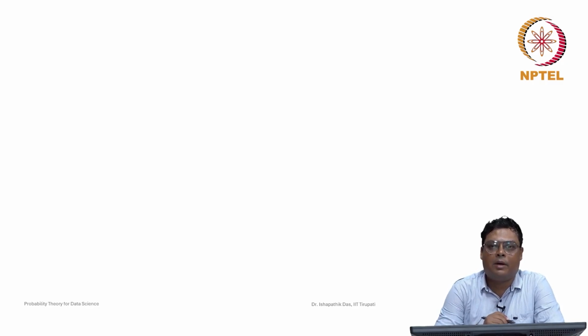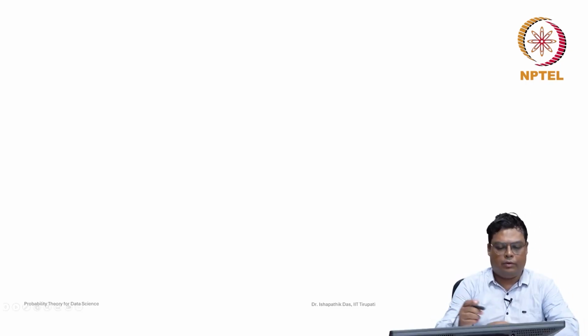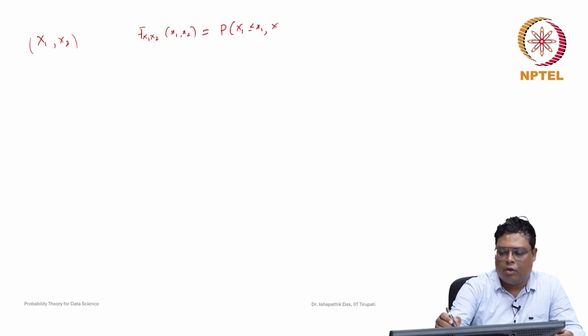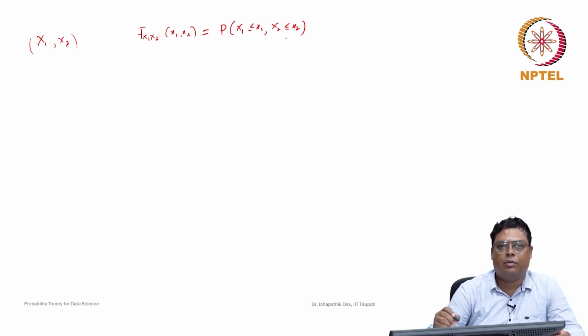the bivariate continuous random variable. In that case, we considered two random variables x1 and x2, and we discussed the cumulative distribution function, the probability that X1 is less than or equal to x1, and X2 is less than or equal to x2.